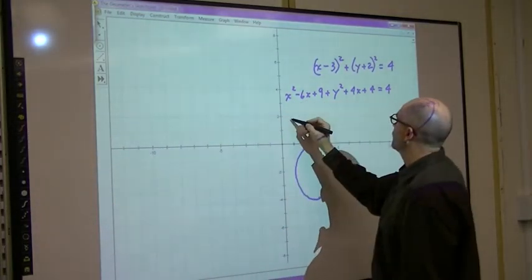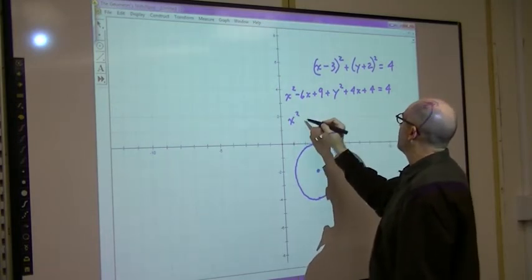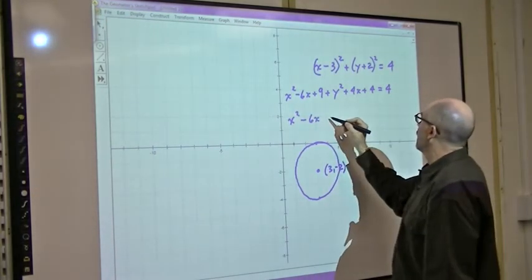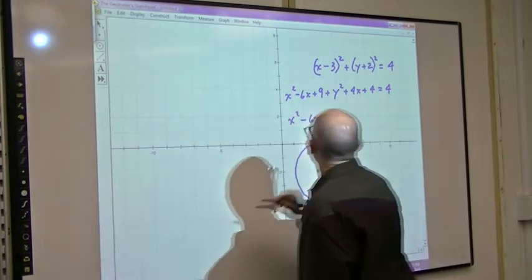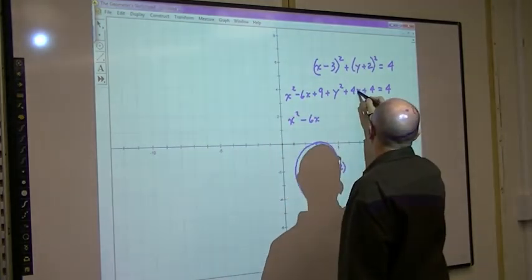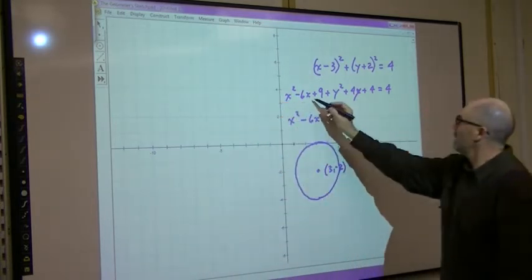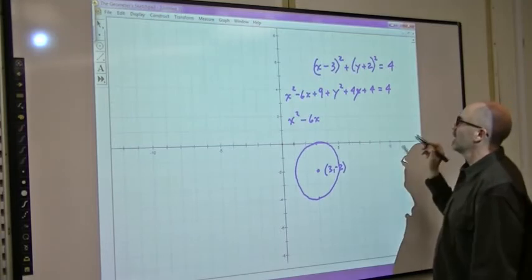And when I put all that together, I've got x squared minus 6x, plus 9, plus y squared plus 4y plus 4 equals 4.